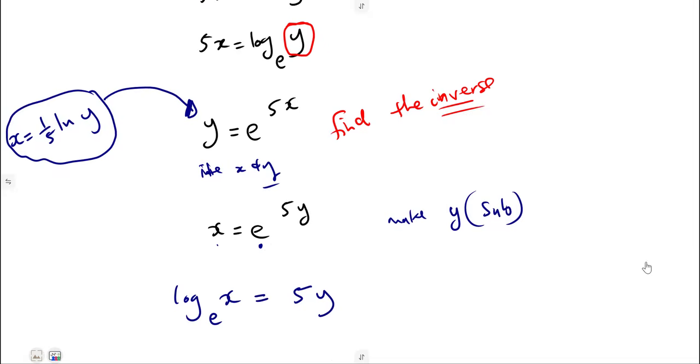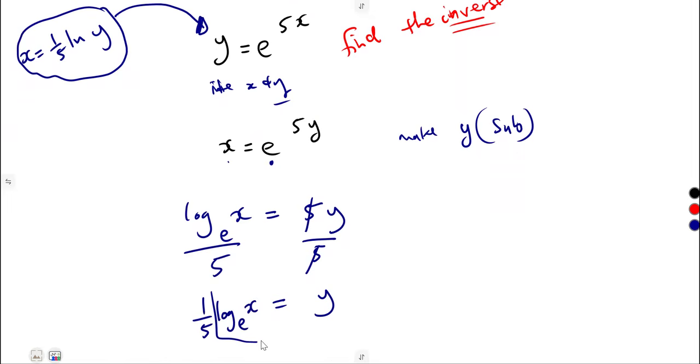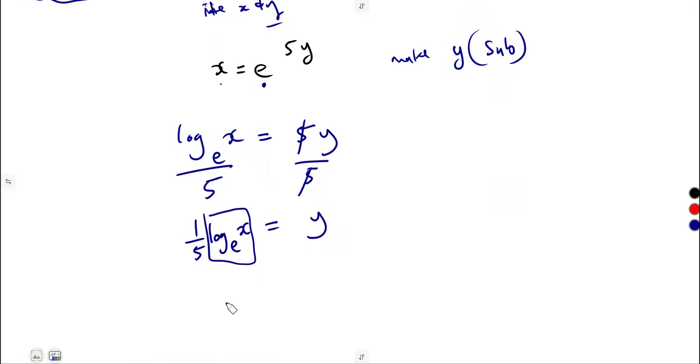y is not the subject yet because it's 5y. We need it to be the subject. So divide by 5, divide by 5. So that's it. y is the subject, which is 1 over 5 log x in base e. And remember, guys, log x base e means ln. So it is 1 over 5 ln of x.